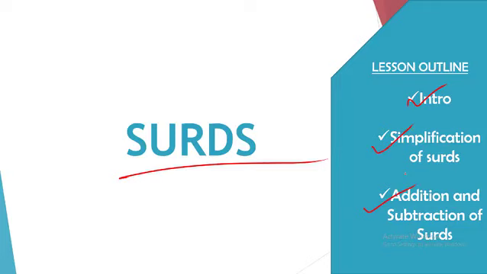When we talk about a surd, we are talking of irrational numbers. Now in mathematics there are what we call rational and irrational numbers.